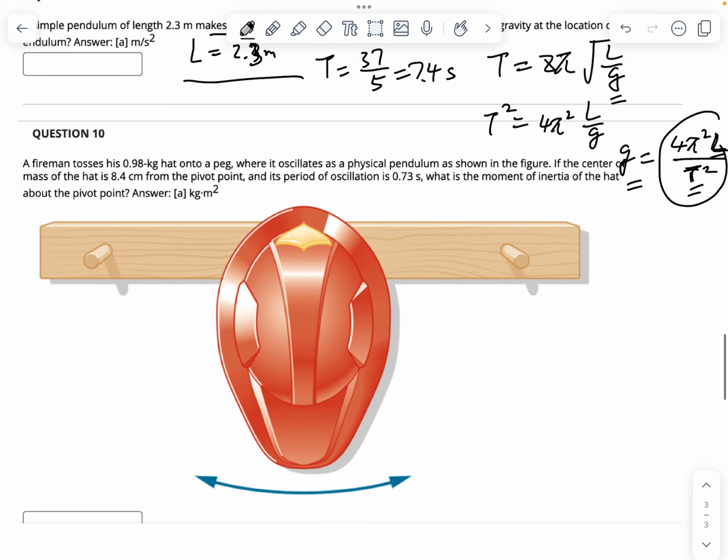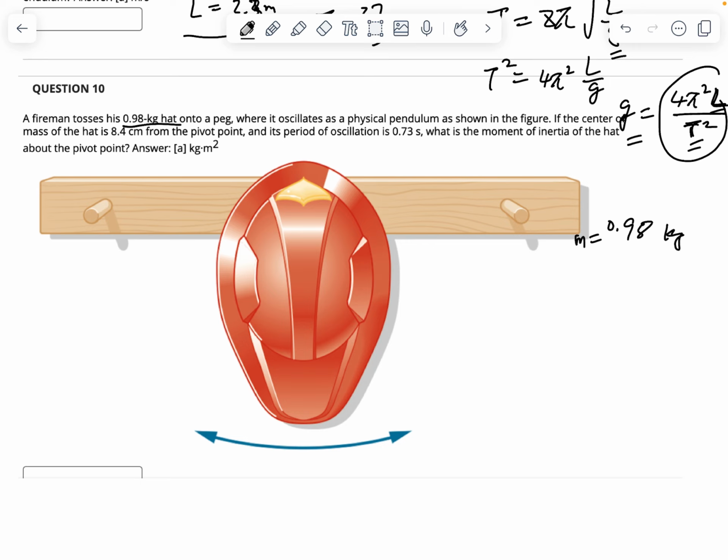Number 10. A fireman tosses his 0.98 kg hat onto a peg, where it oscillates as a physical pendulum, as shown in the figure.